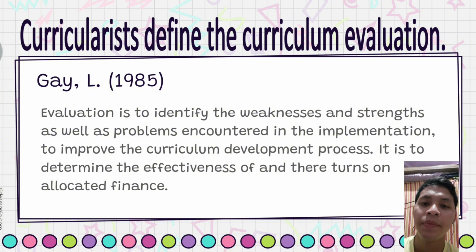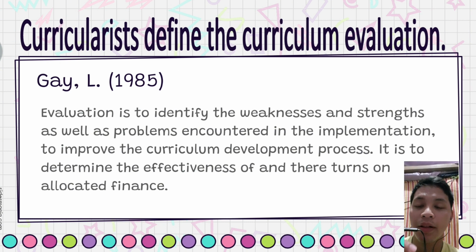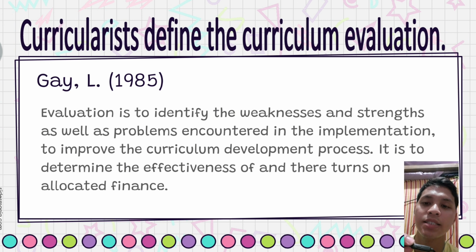So our money should not be wasted, because we spend on curriculum evaluation. And evaluation is to identify the weaknesses and strengths as well as the problems encountered in the implementation of the curriculum, to help improve the process.